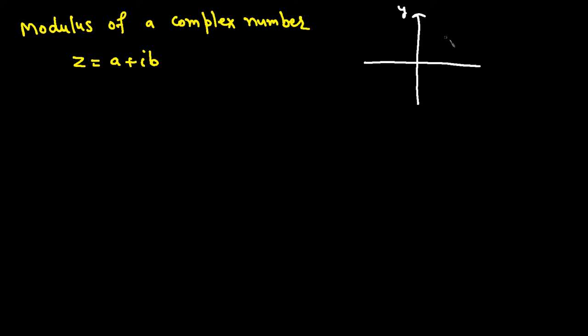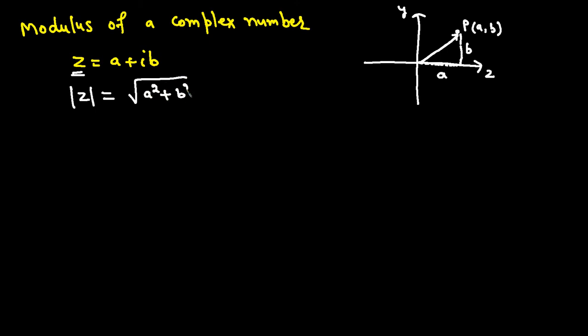This direction is y, this direction is x, and the complex number is here, let's say P(a, b). Then this length in this direction is my real part a, and this is my imaginary part b, and this distance from the origin to the complex number is called the modulus, or the absolute value of z, which is equal to the square root of a square plus b square.